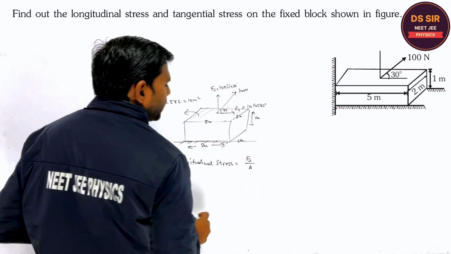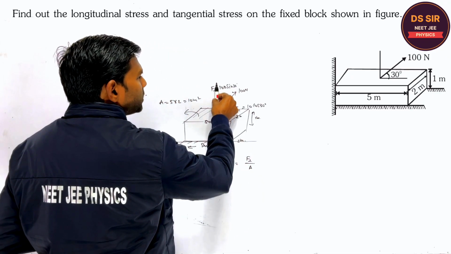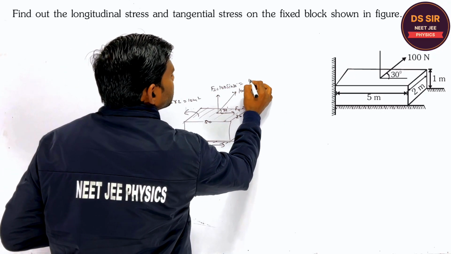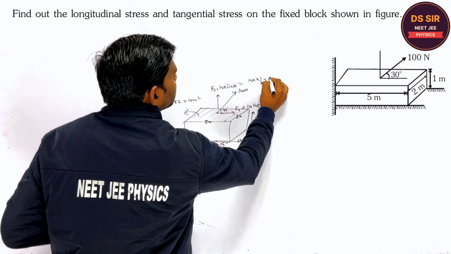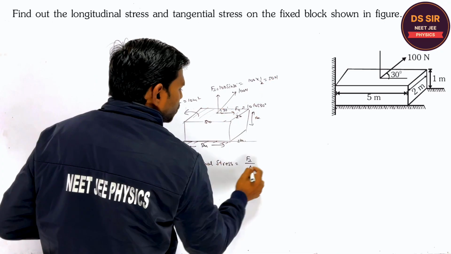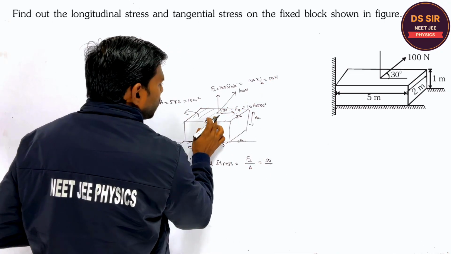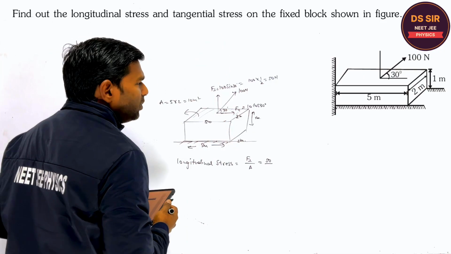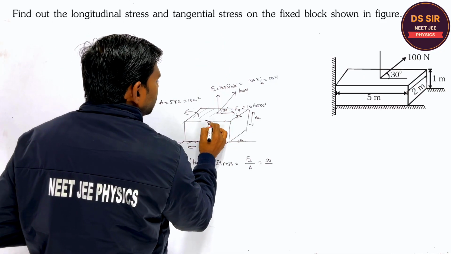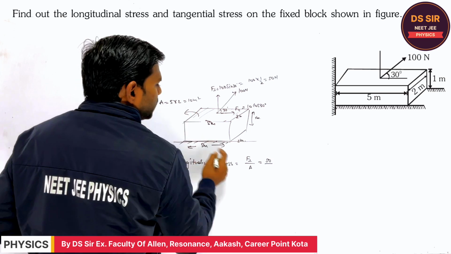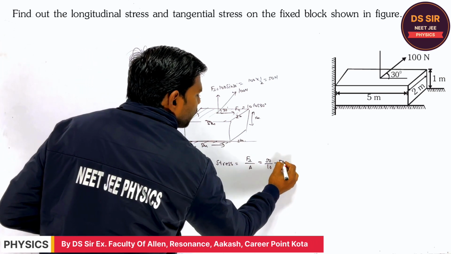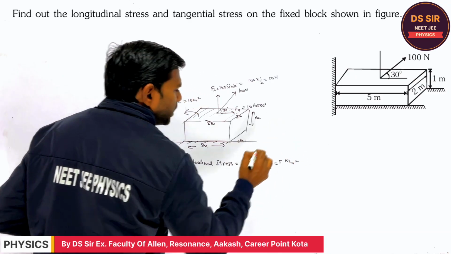Perpendicular force upon area. The perpendicular force is 100 sin 30, equal to 50 Newton. And the area upon which this normal force is applied is 5 into 2, equal to 10 meter square. So the longitudinal stress is 5 Newton per meter square.